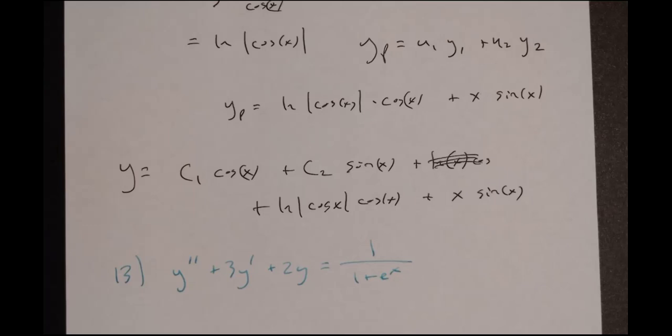So what do you do? What do I do first? Start with the homogeneous version, set it equal to 0, solve that.